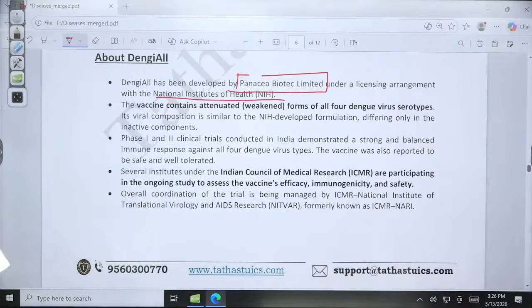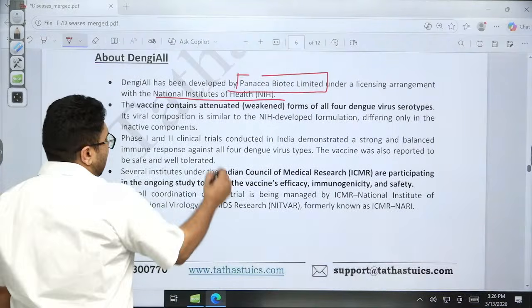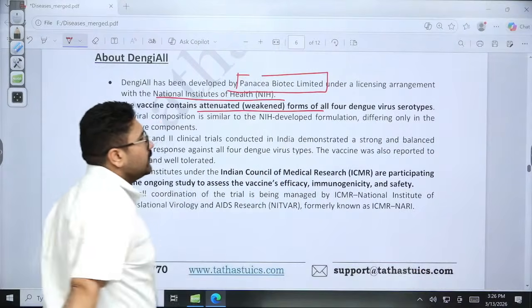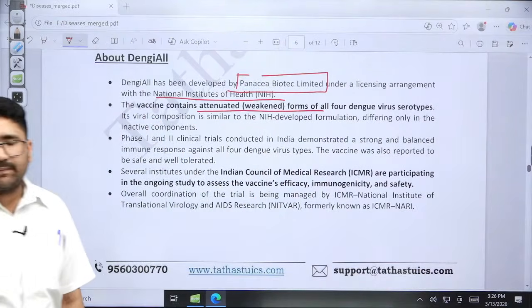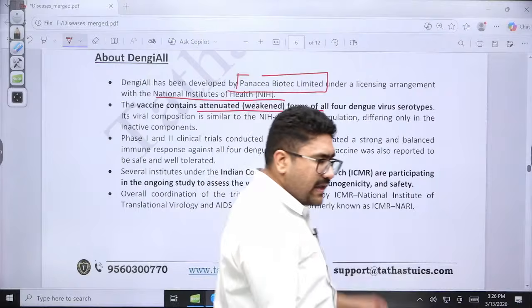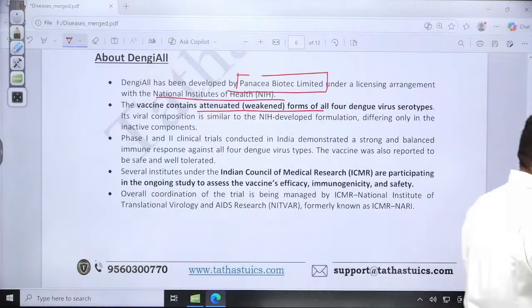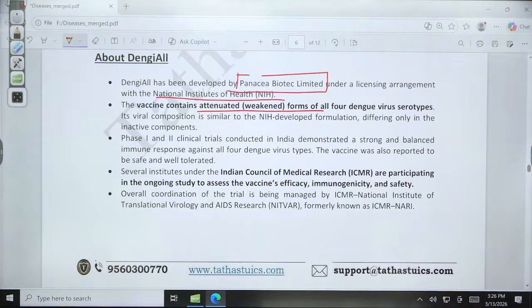So this Dengue All is an example of a live attenuated weak form of vaccine. That means a live virus of dengue will be inserted in the body, but that virus will be attenuated or weak in such a manner that it will not be able to affect the human body.